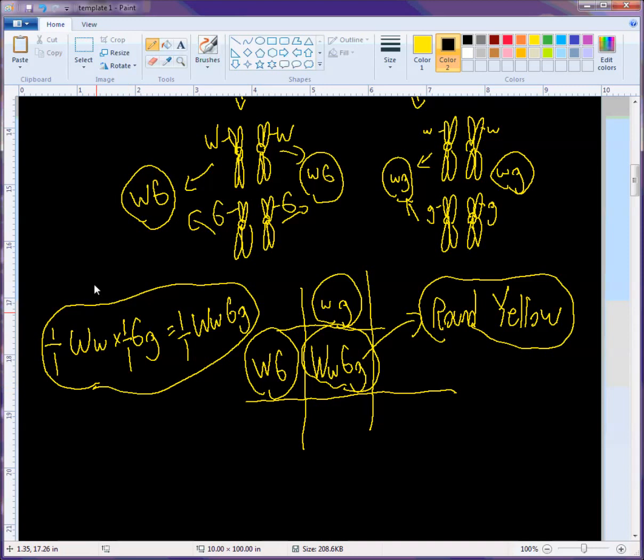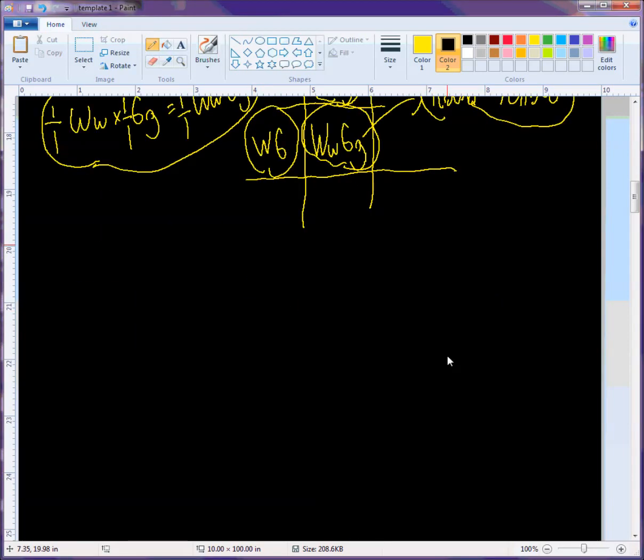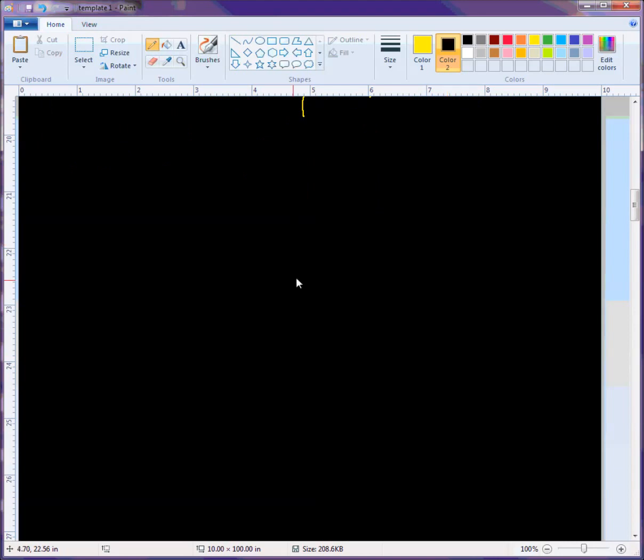Okay, so let's take a look at the F2 generation, which is a lot more complicated. So what we know in the F1, all the plants have the following genotype.